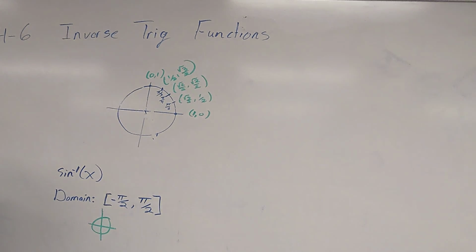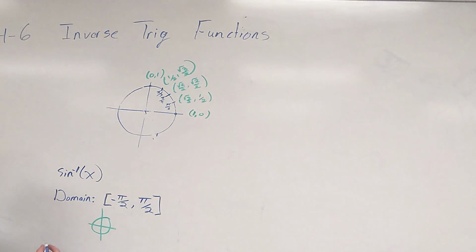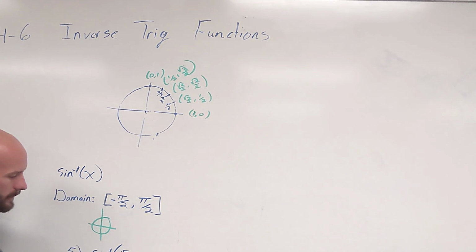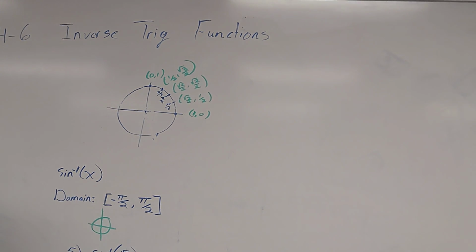This is what I was talking about earlier with the negative pi over 3. We'll go through a couple more examples here. Example 5, maybe? If I said, what is the sine inverse of negative square root of 2 over 2? The whole point of restricting the domain is that there is only one exact answer instead of having multiple.